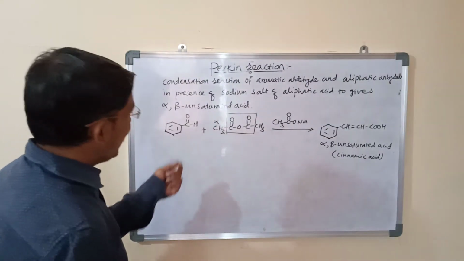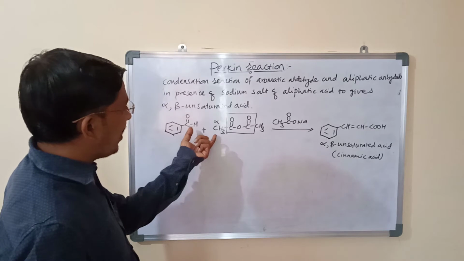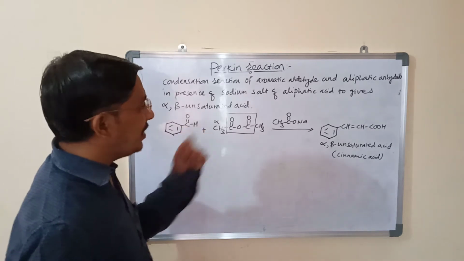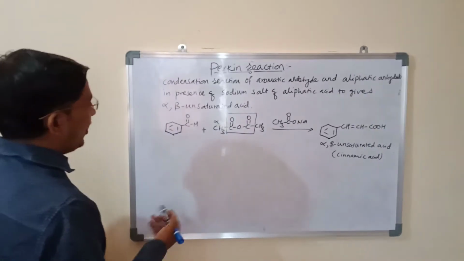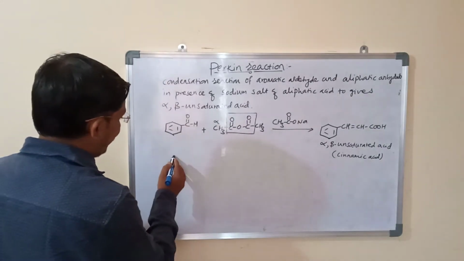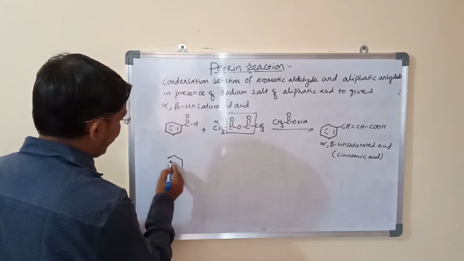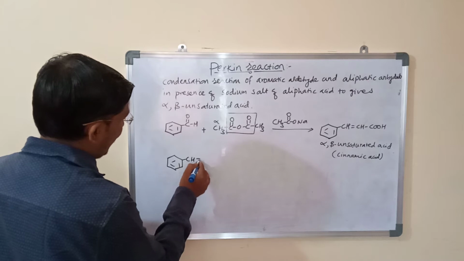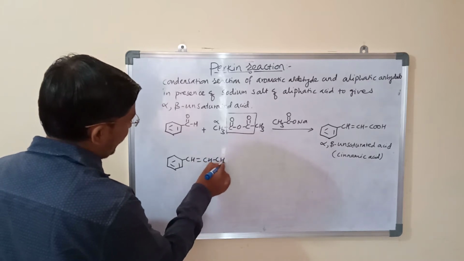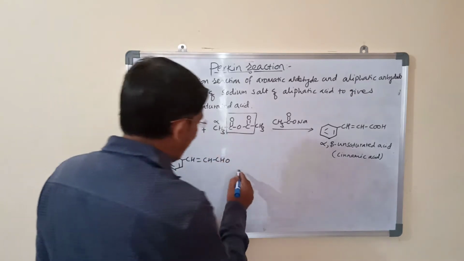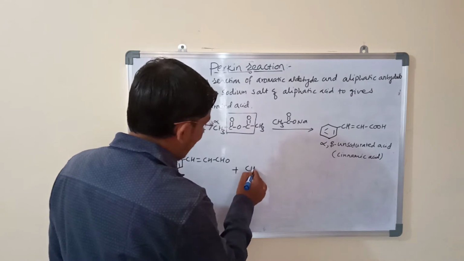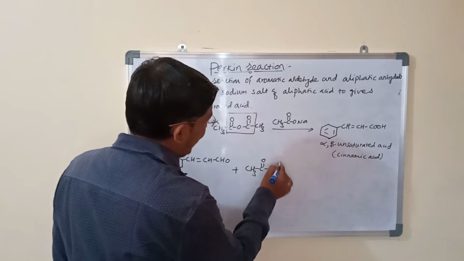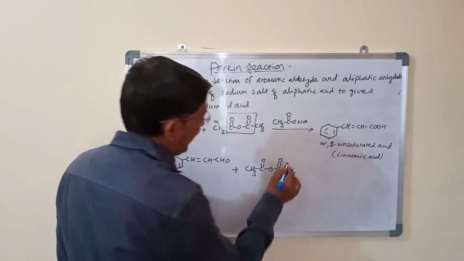Here a carbon-carbon bond forms between the aldehydic carbon and the alpha carbon of the anhydride. You can take another example, cinnamaldehyde with CH double bond CH, in the presence of the same aliphatic acid anhydride having at least 2 alpha hydrogen atoms.